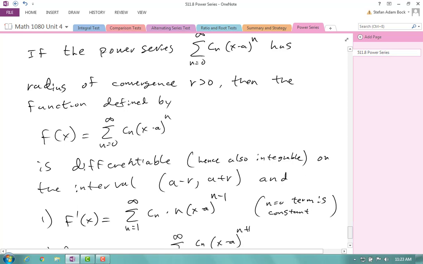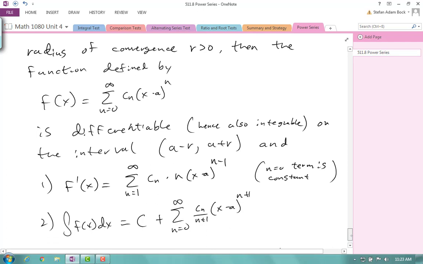So maybe not at the endpoints, because the derivative or the integral might gain or lose one of the endpoints in the interval of convergence, but it always works within the radius of convergence.